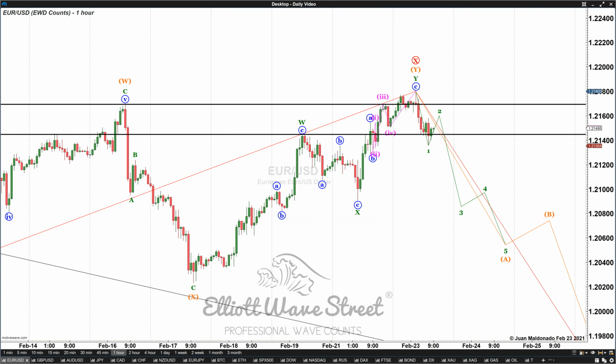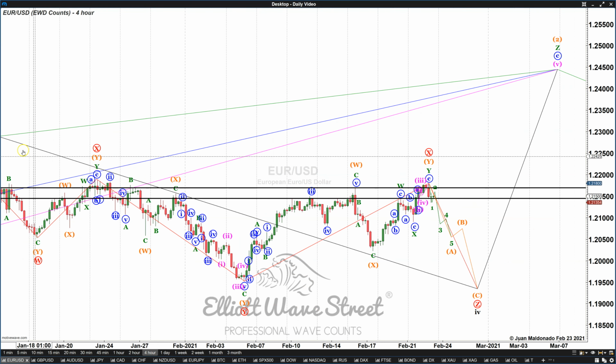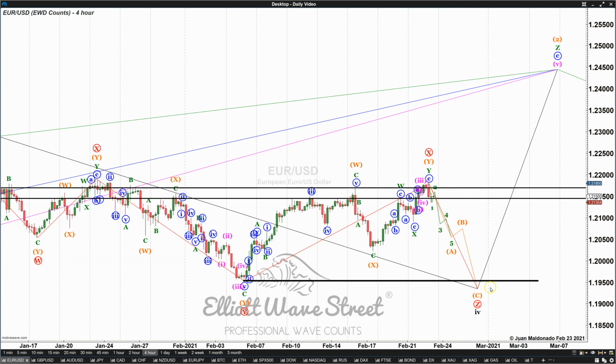Today we're going to start with the euro that has been going higher. However, I believe we have to go down on the higher time frame, the 4-hour chart, before going up. So mainly the Elliott wave plan is pretty simple. I'm looking for a leg down back to the 119.50 before going up to the 124 area.